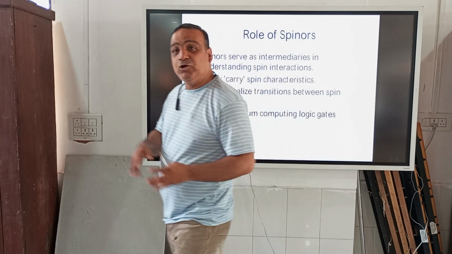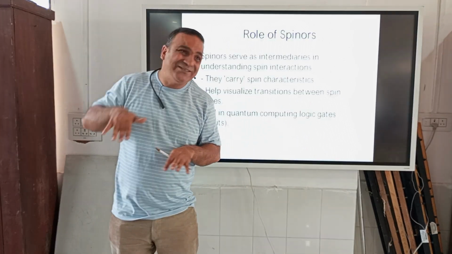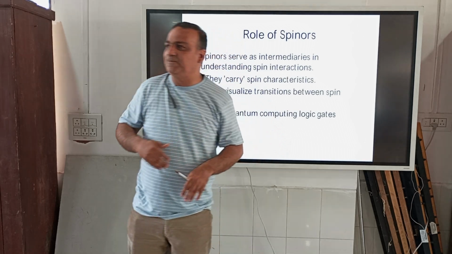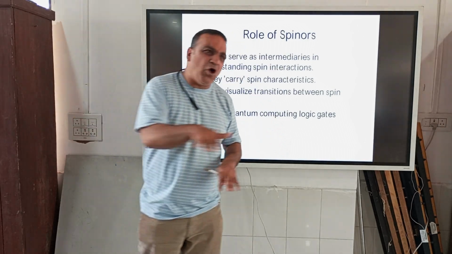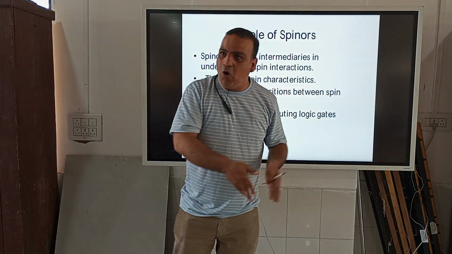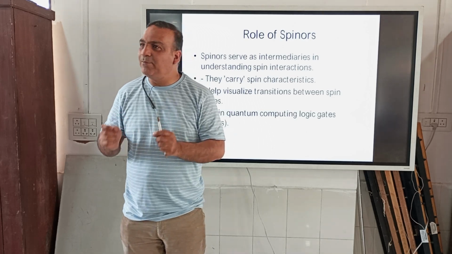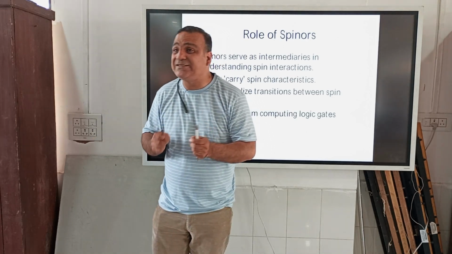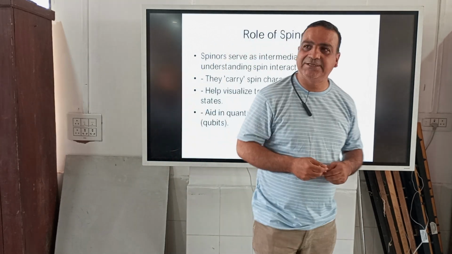But in a quantum computer, you can work in a state of quantum mechanical superposition, and you have a range of states between 0 and 1. If you remember, in a classical computer we have bits, but here we have quantum bits.